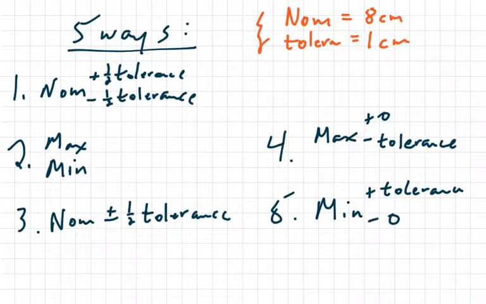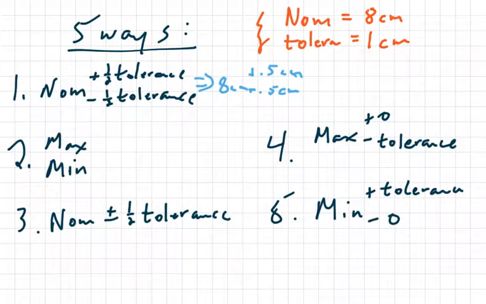Okay, so for instance, the first way of writing this out, it could look like this. 8 centimeters plus 0.5 centimeters minus 0.5 centimeters. So you could see it like that. That's how that could be written out.